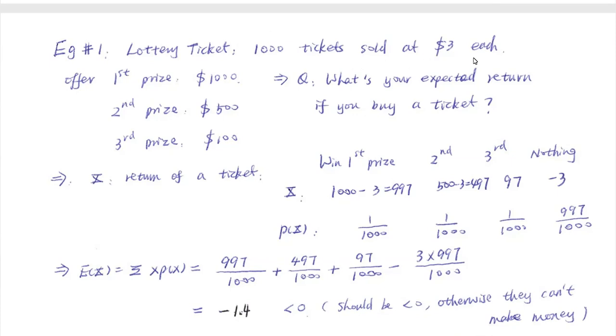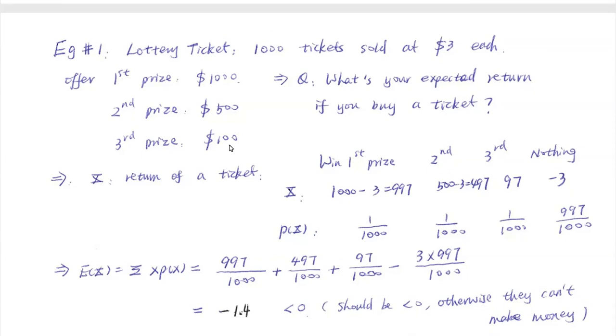Out of these 1,000 tickets, they offer three prizes. The first prize is $1,000. You pay $3, you win $1,000. That's a pretty good deal. The second prize, you pay $3, you win $500. The third prize, you win $100.